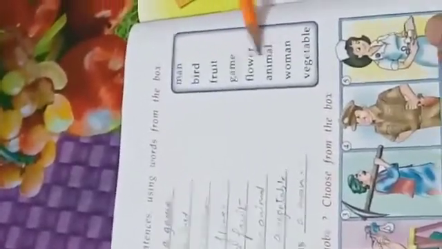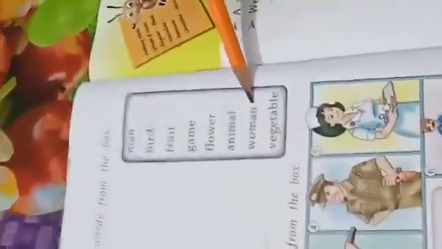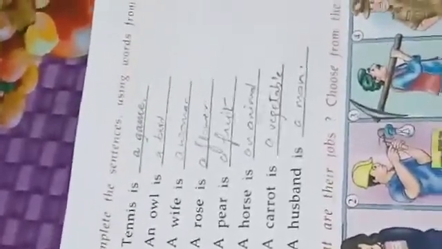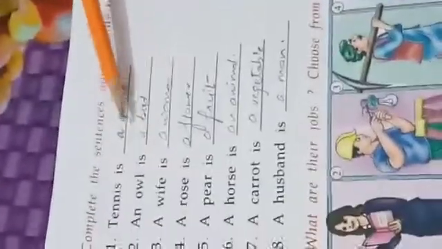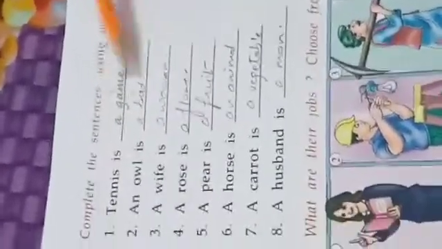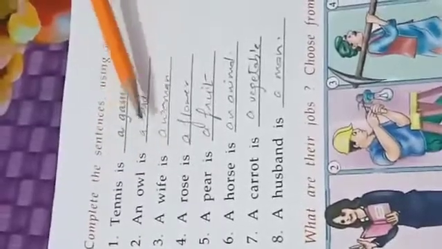Now complete the sentences using words from the box. The words are given in the box: man, bird, fruit, game, flower, animal, woman, vegetable. Now from these words you have to fill in. Like tennis is a game. Now you choose the word game here to put it. An owl is a bird. A wife is a woman.